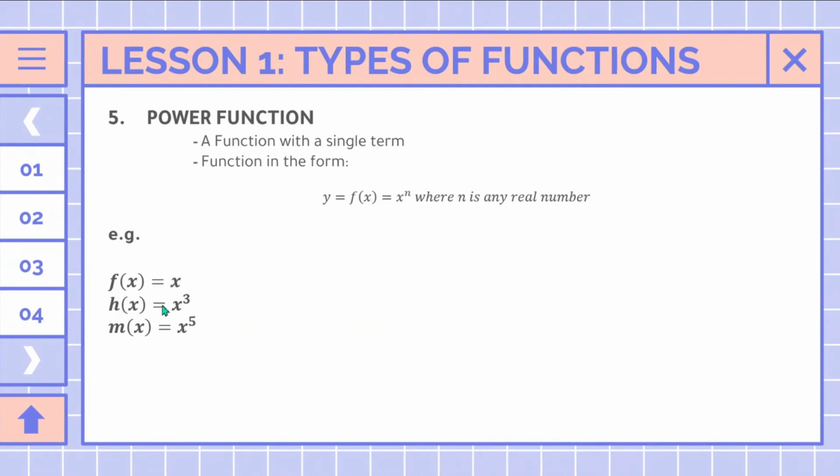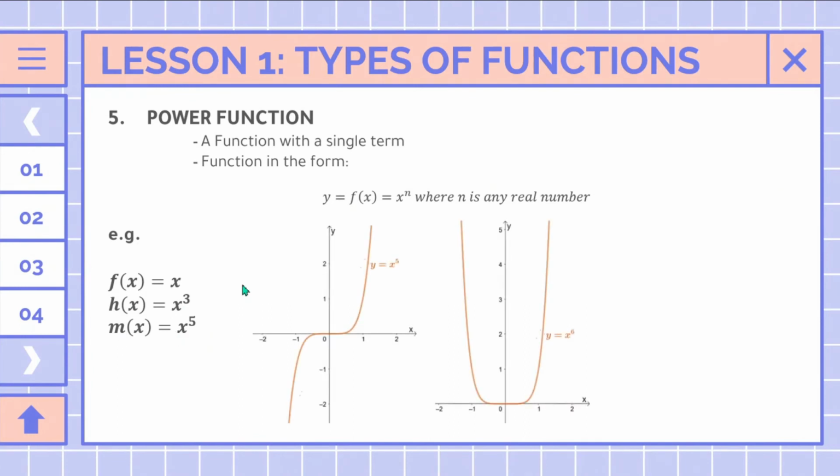Then next is h of x is equal to x raised to 3, m of x is equal to x raised to 5. Then, yun, the graph of power functions looks like this. This is m of x is equal to x raised to 5. Same with this given equation.